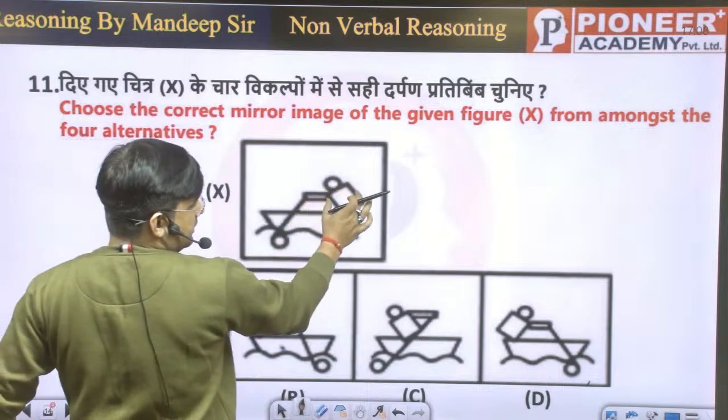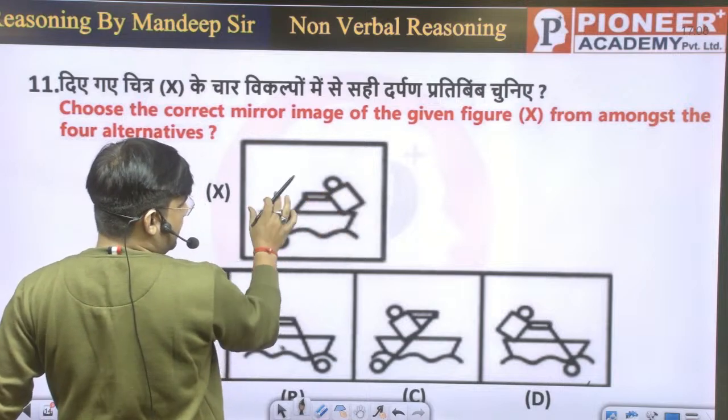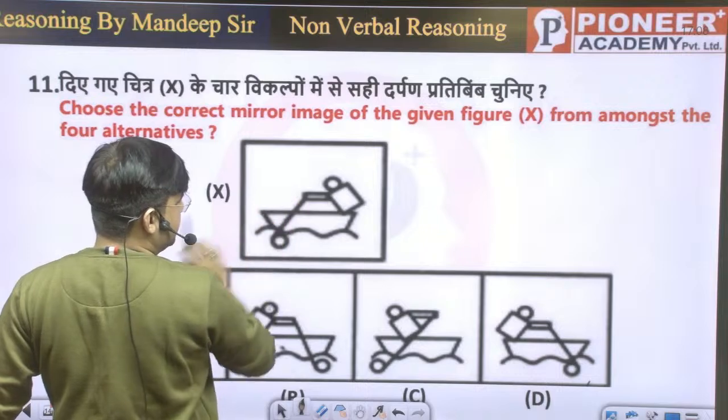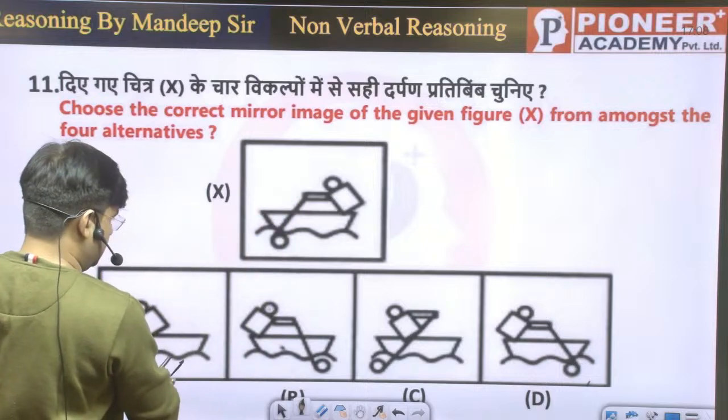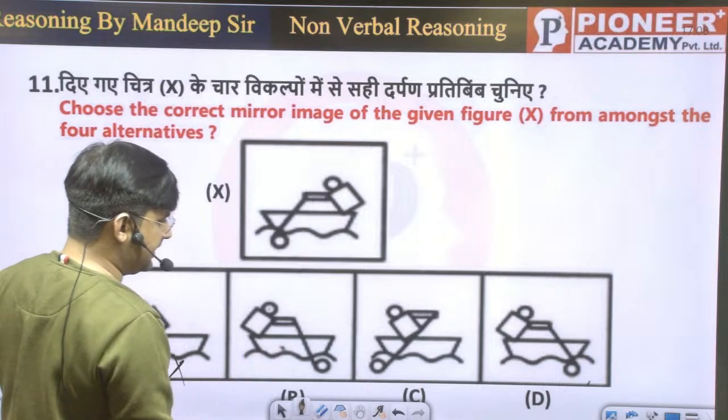Now this one will become this side, so this can be the right answer.